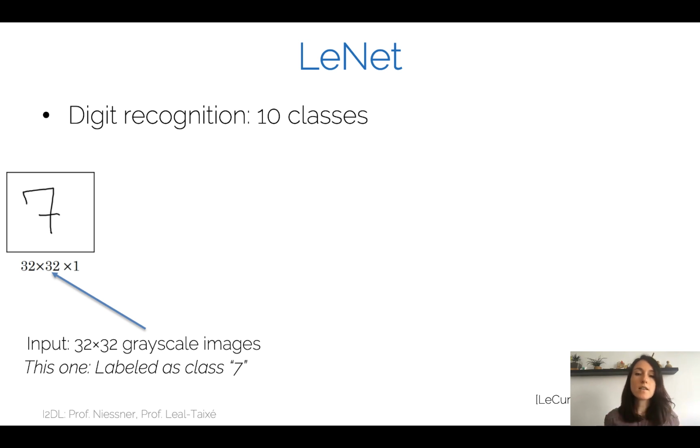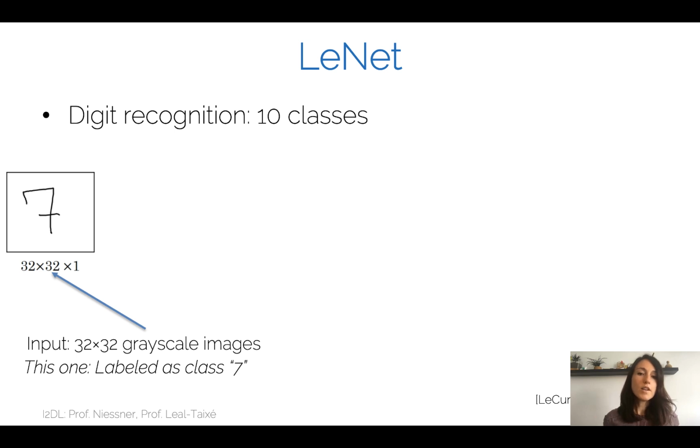One of the first convolutional neural network architectures that was actually used for digit recognition is called LeNet, and this is because the author of this network is Yann LeCun, therefore this kind of wordplay with the name.